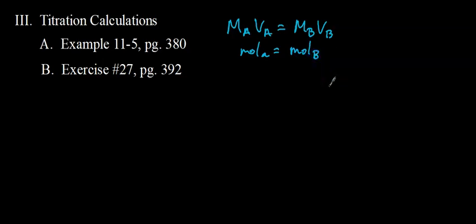And so be careful, this only works when the acid and base react in a 1-to-1 ratio. So a lot of times in our examples in Chem 1, the reaction did occur via 1-to-1 ratio, and so MAVA equals MBVB, that works.